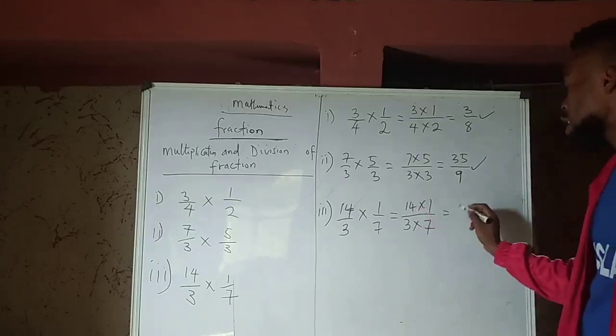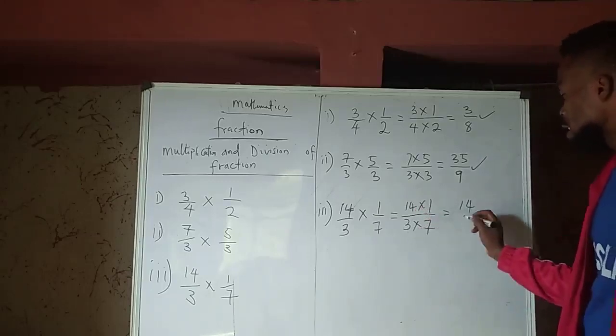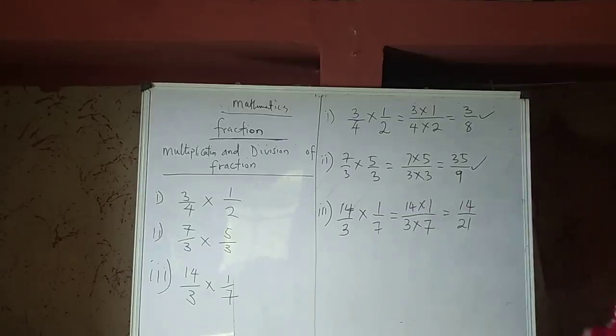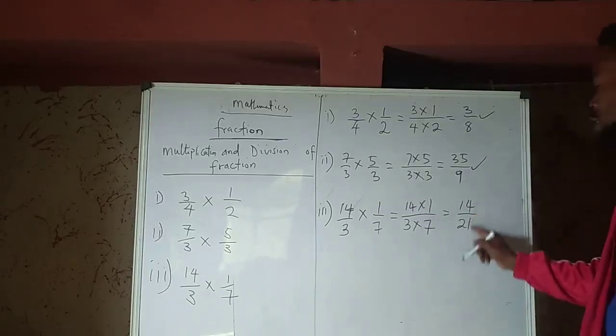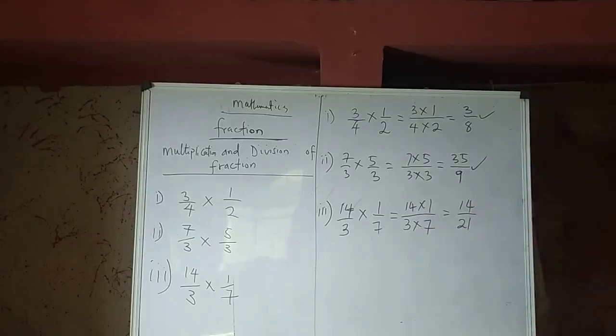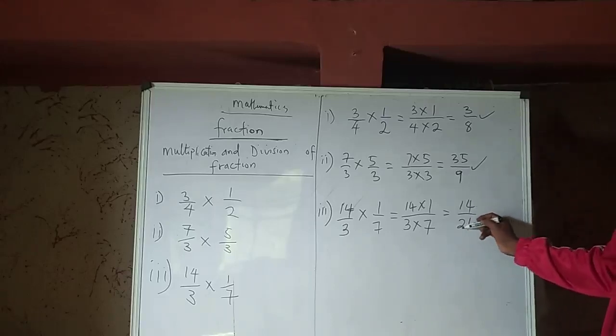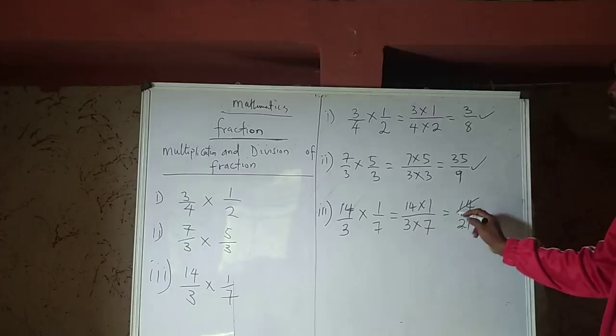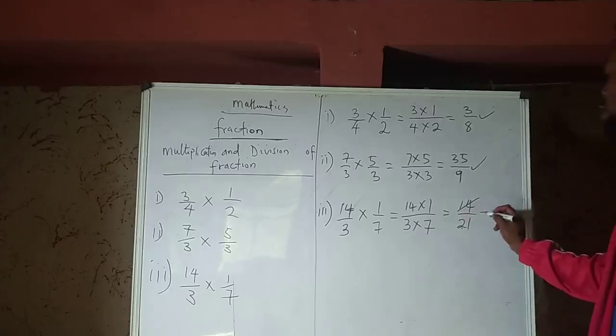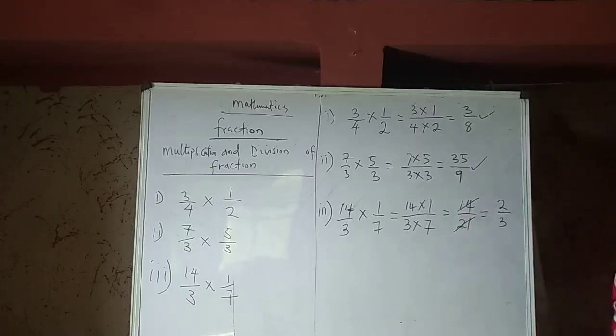So we get 14 times 1 to be 14, 3 times 7 to be 21. Okay, but you see that this fraction can be reduced to the lowest term. How do we do that? We know that 7 can go through this and 7 can go through this. So 7 into 14 is 2, and 7 into 21 is 3.